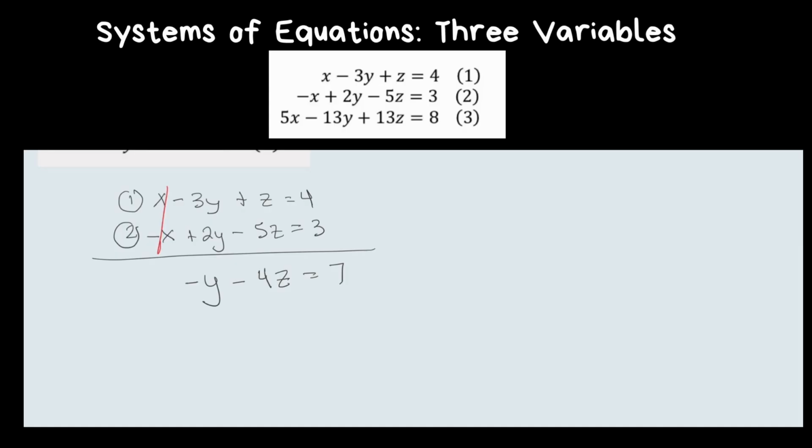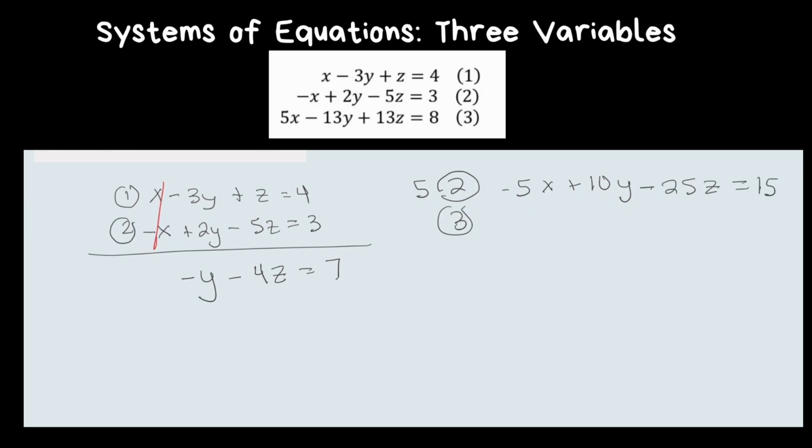I need to eliminate x again. This time, let's use 2 and 3. And equation 2 will multiply by here. Negative 5x plus 10y minus 25z equals 15. The 3 we're not going to change.